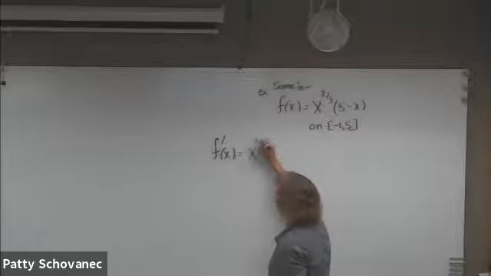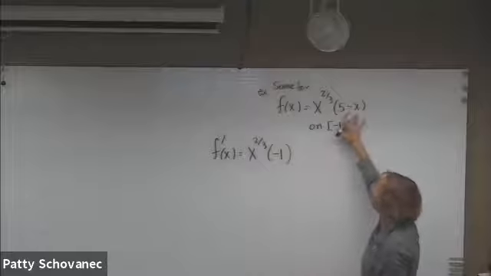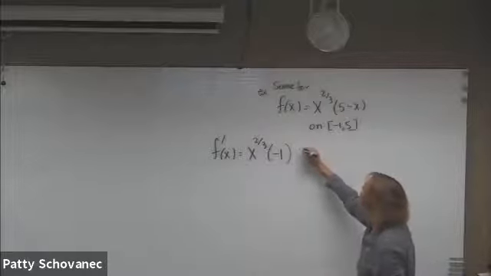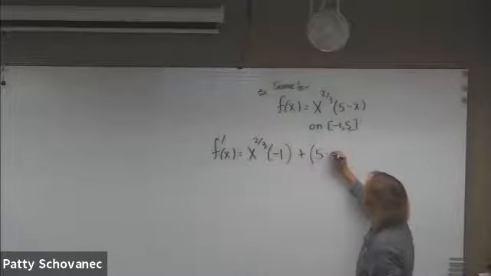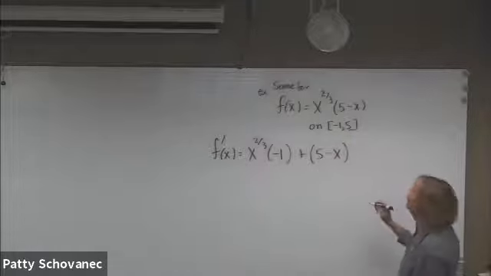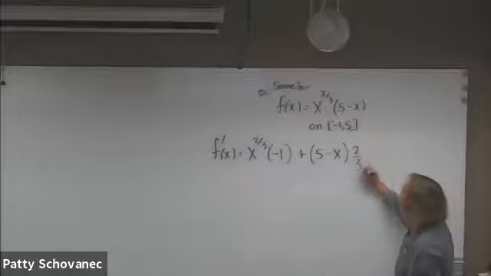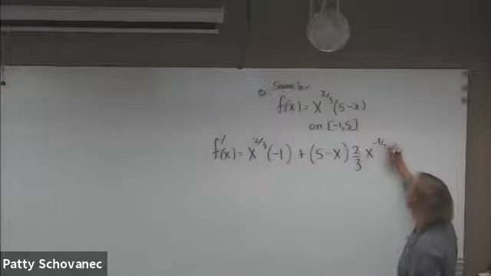So it's the first times the derivative of the second. Derivative in here is just -1, negative x. That makes it hard. All right, bring that power down, raise that to 1 power less.